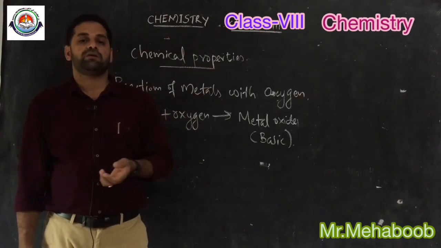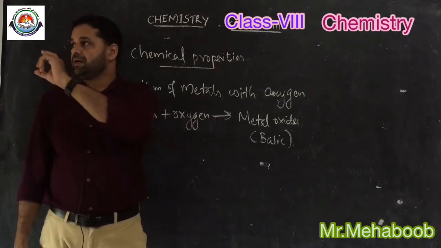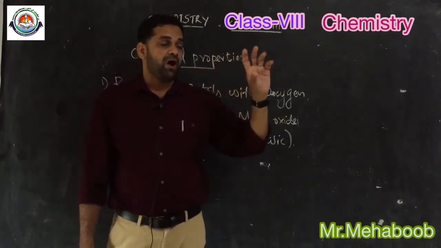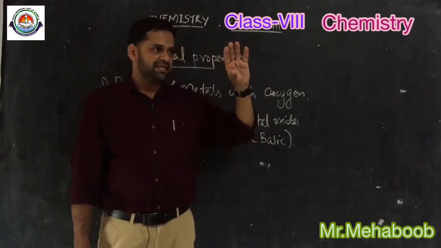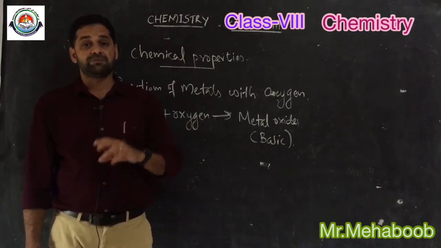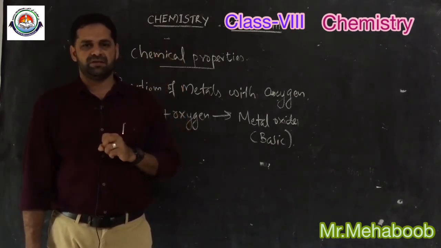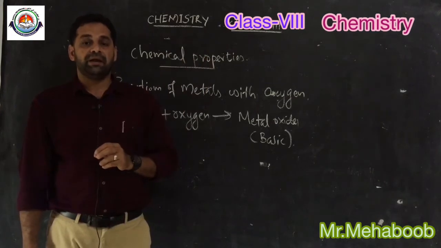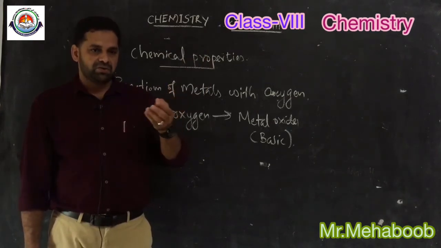A reddish brown flaky substance is formed on the surface of the iron materials, and we can take it out.